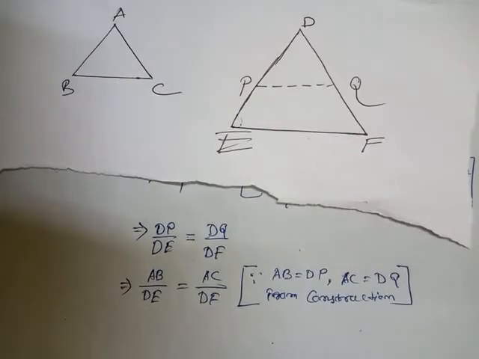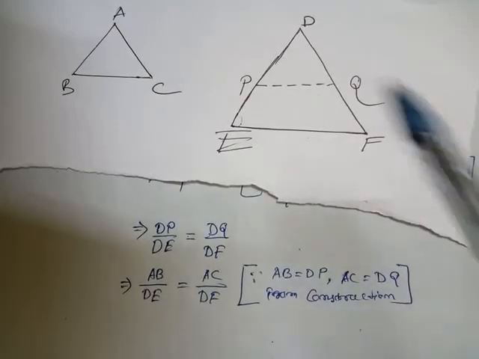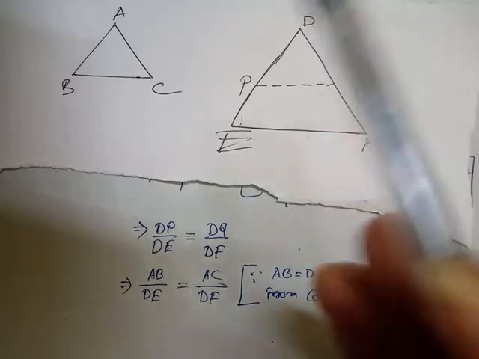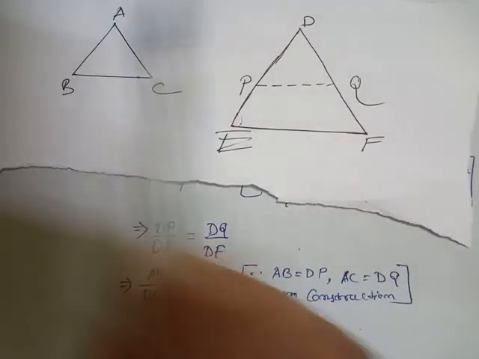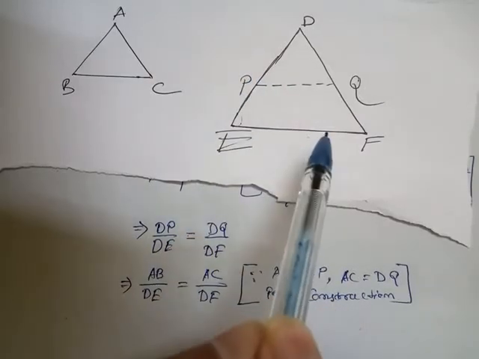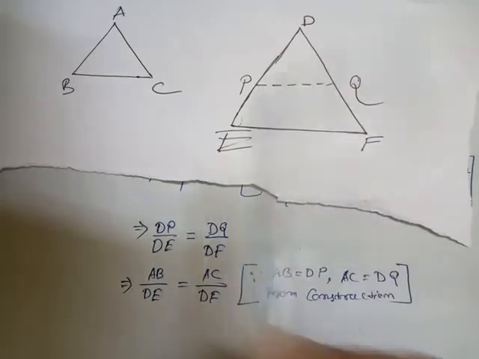Now look, next, similarly, if I pull the line here, we'll take triangle BCA and EFD, or if I pull the line here similarly, then we'll take CAB and FDE.